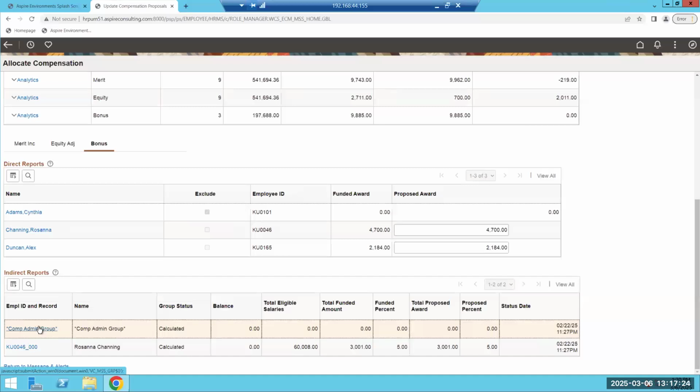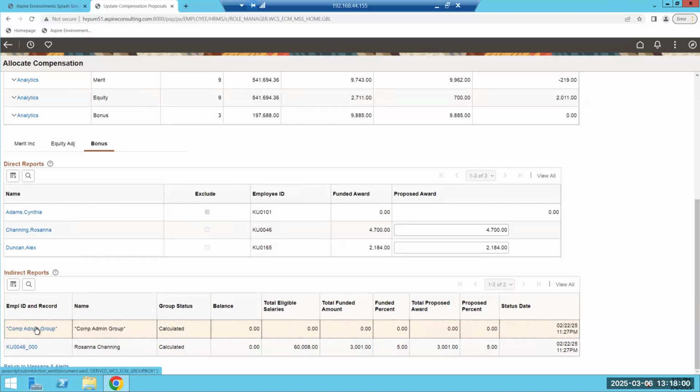So a lot of times you'll create your cycle and you'll look at the comp admin group and you'll go, oh, why do I have 500 people in my comp admin group? Well, it turns out that there's a broken reports-to relationship somewhere that you need to correct, so that people are lined up properly to where they report in the organization. So that's kind of a default group.